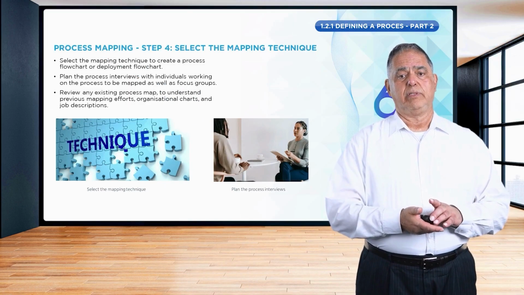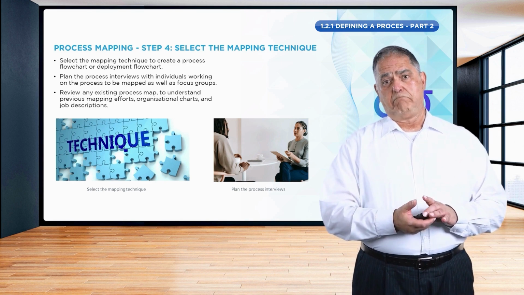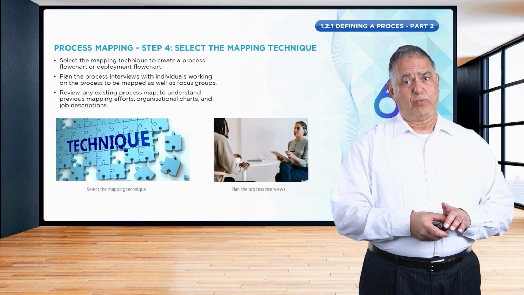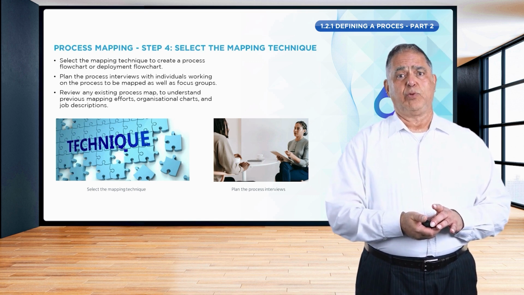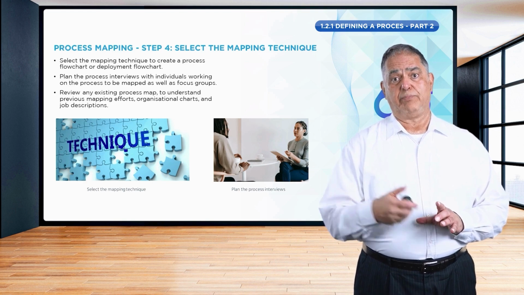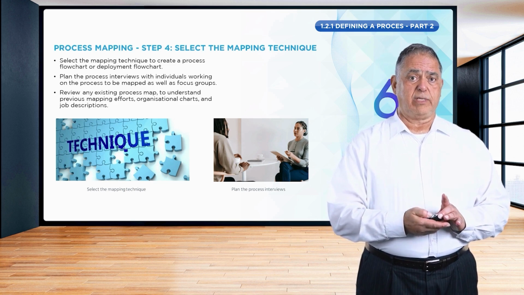Step number 4 is we have to select the process mapping technique. There are several techniques, several ways in order to map a process. So we have to make sure that we use the appropriate technique for the type of process map that we are creating.